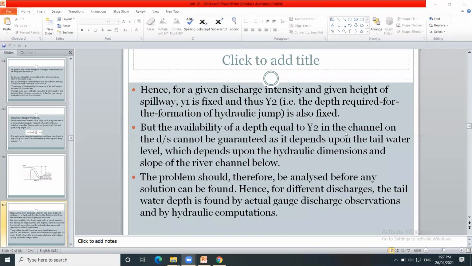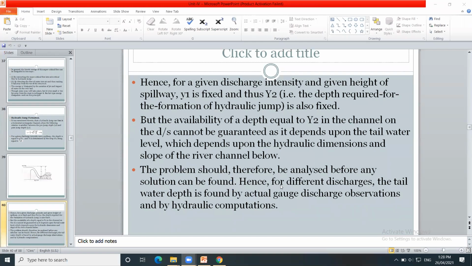It depends upon the tailwater level, which depends upon the hydraulic dimensions and slope of the river channel below. The problem should therefore be analyzed before any solution can be found.